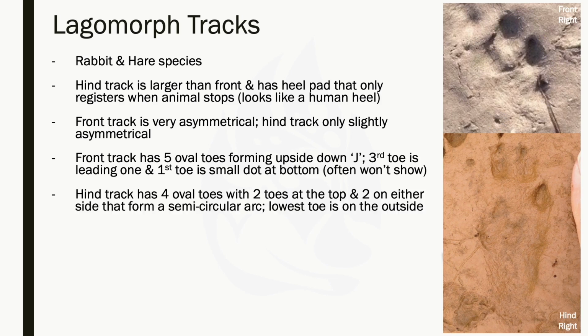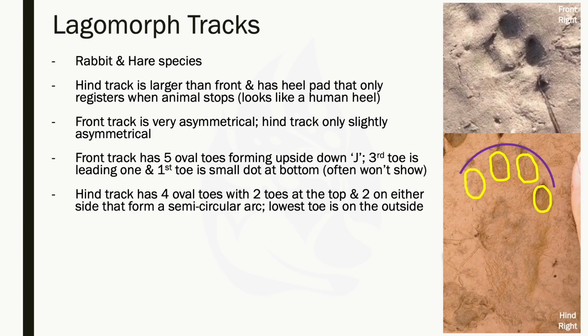Now, when we look at the hind track, actually, it's a very different configuration, okay? It has 4 oval-shaped toes that form basically an arc or semicircular shape across the top, okay? And 2 of them are basically in line with each other at the top. And then on either side of them, we have 2 roundish, again, kind of oblong toes.